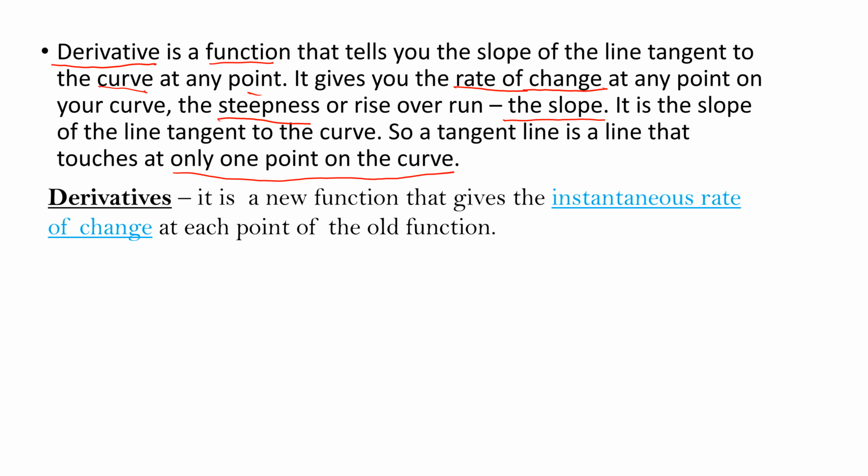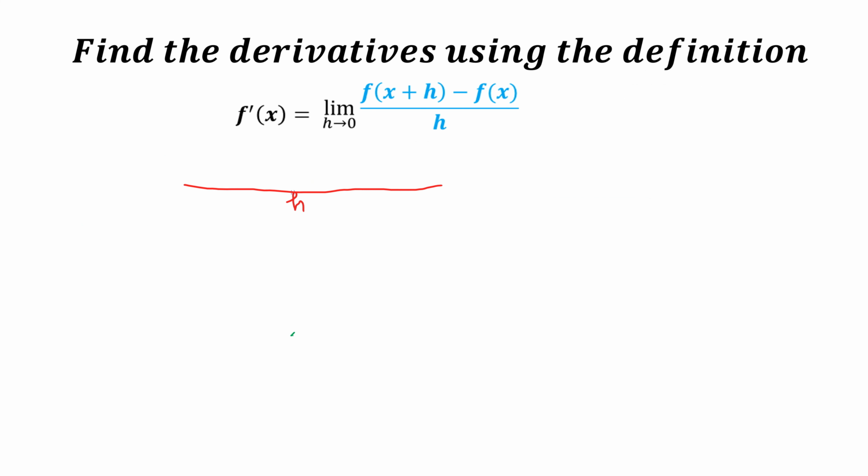So again, let us highlight: when we say derivative, it is a new function that gives the instantaneous rate of change at each point of the old function. So when we say instantaneous rate of change at a point of the old function, again, it's simply the slope of the tangent line. Let's consider this example.